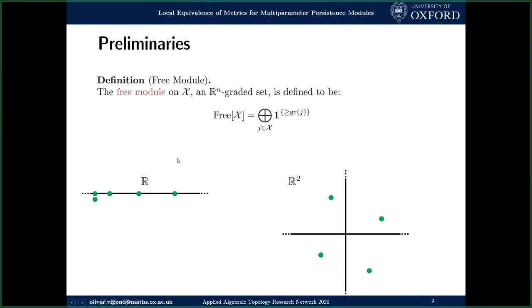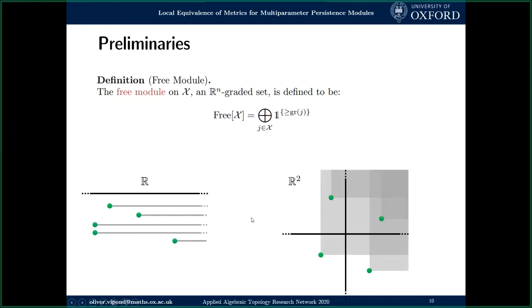So a specific type of interval decomposable module is a free module, and these free modules are useful because they serve as building blocks to build up more complicated modules. In order to define a free module, all you need to give me is a graded set X, and then I simply take the interval which is just the upset of this collection of grades, and the resulting module just consists of a series of infinite cones expanding out into the positive direction away from these grades.